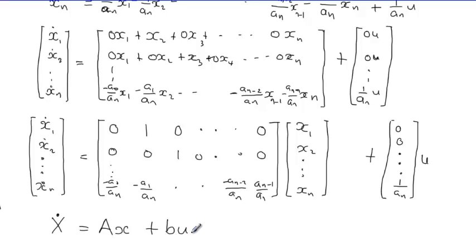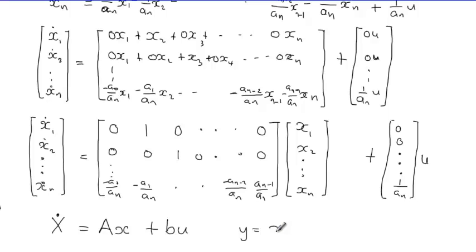And then I repeat here that these are going to be called state variables, and they make up a state vector.